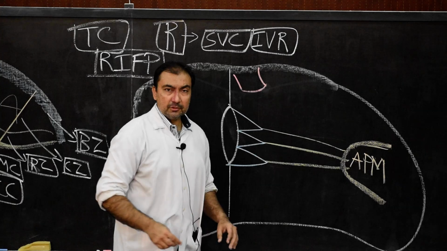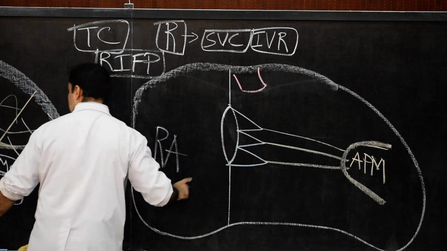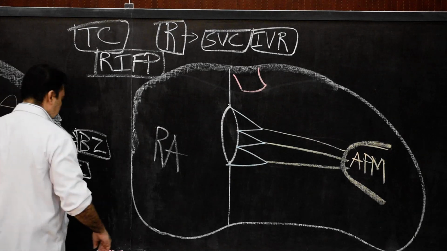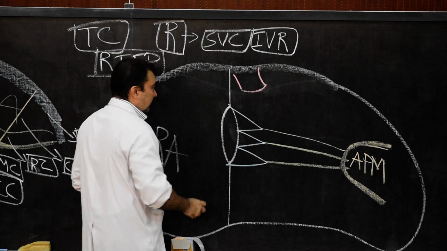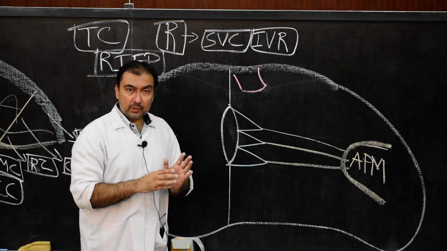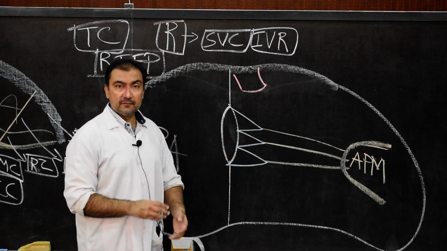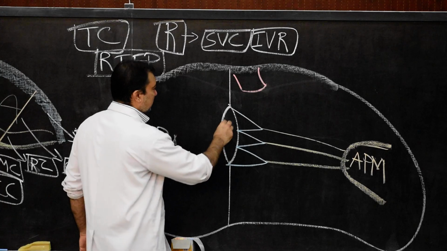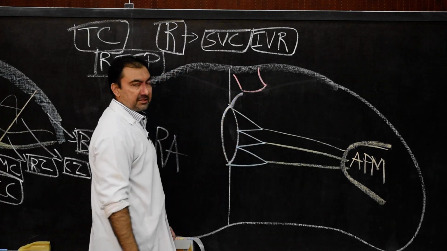Now we are going to show the supraventricular crest. The supraventricular crest will be present exactly connecting the ventricular septal wall with the right atrioventricular valve complex. So here we show the supraventricular crest.